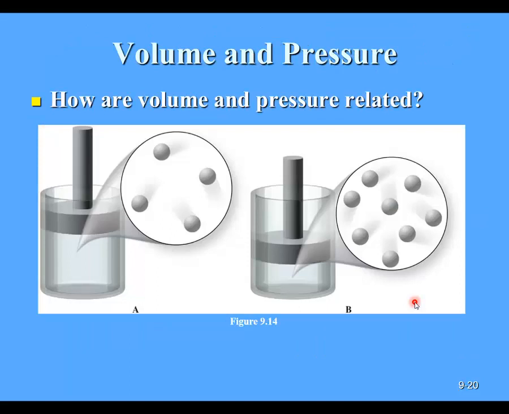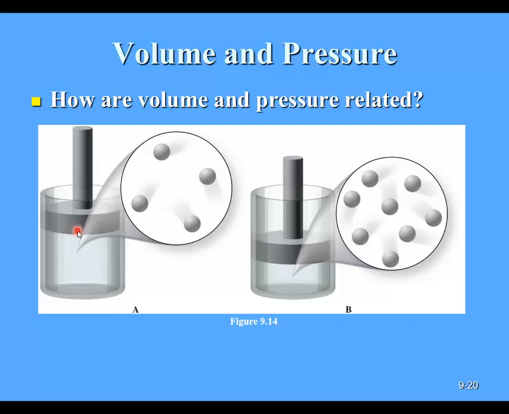Now, we can deal with pressure and volumes in different containers, but it's quite useful when we're looking at these to consider, let's say, a syringe barrel, or we can think about having a piston in a car.